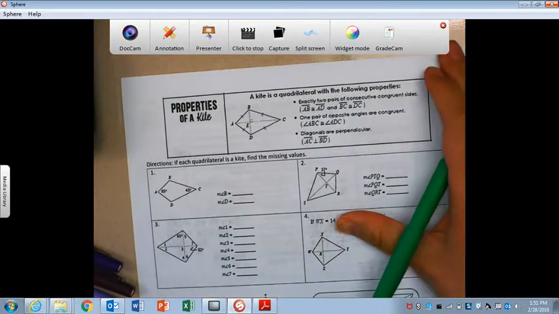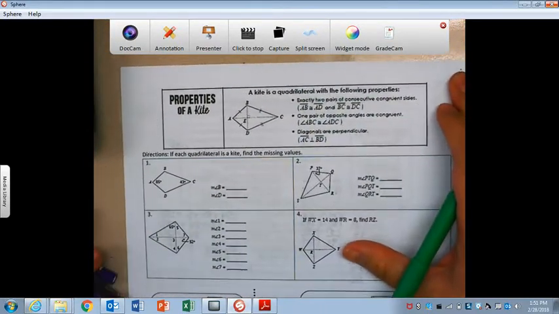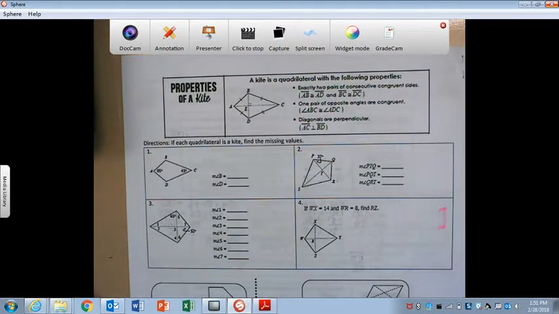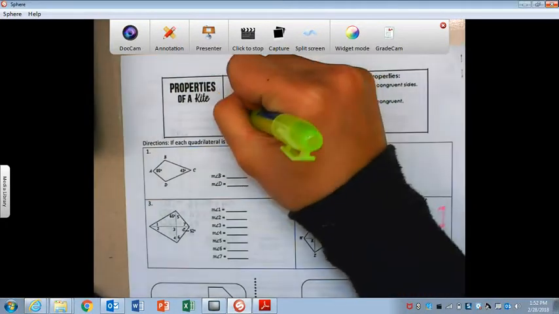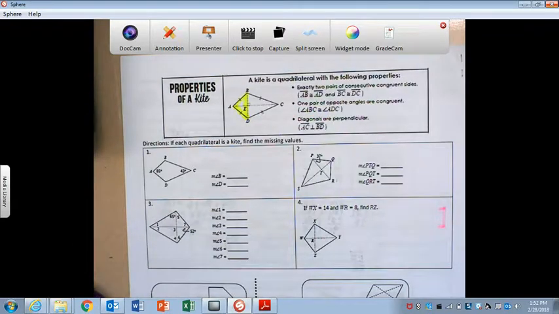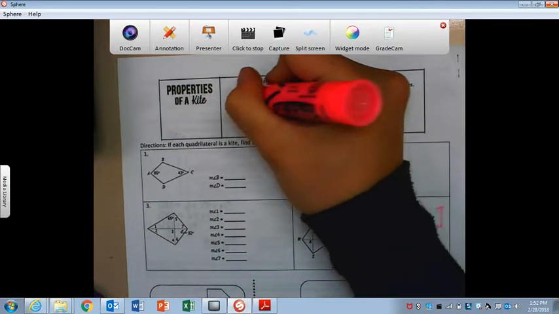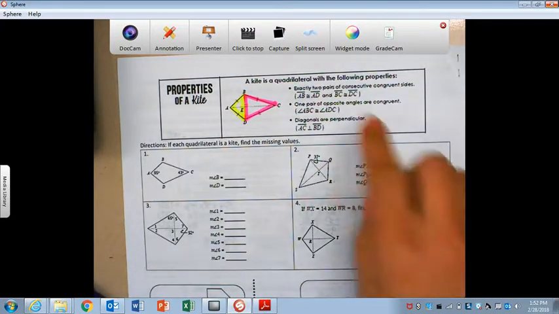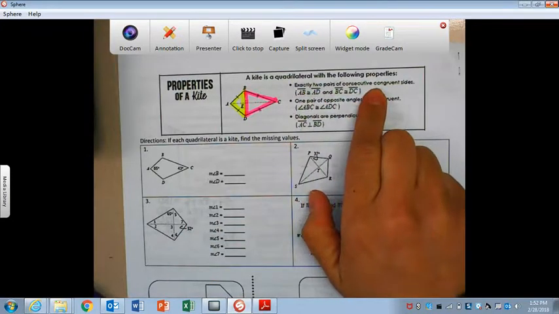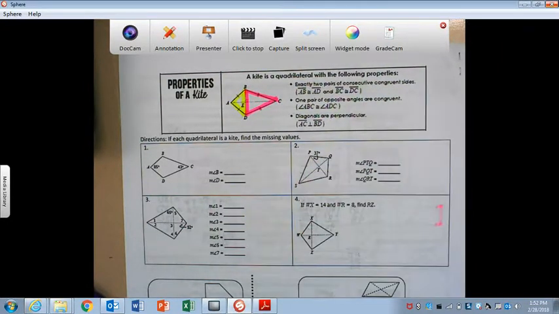Alright, the last quadrilateral we're going to deal with for this unit is a kite. You have to think about a kite as two isosceles triangles attached to each other. So here's one isosceles triangle, and here's the other one. You have exactly two pairs of consecutive congruent sides, just like what I mentioned.